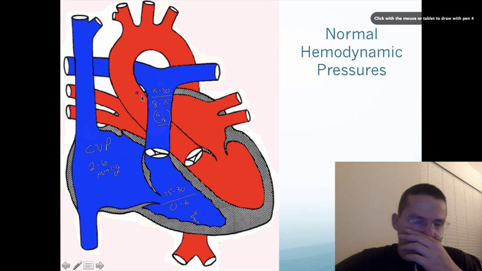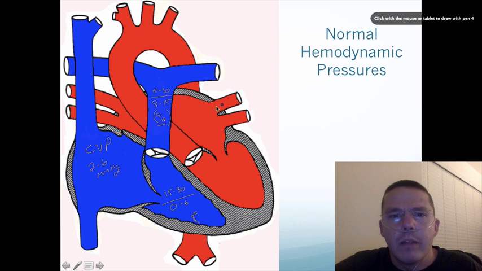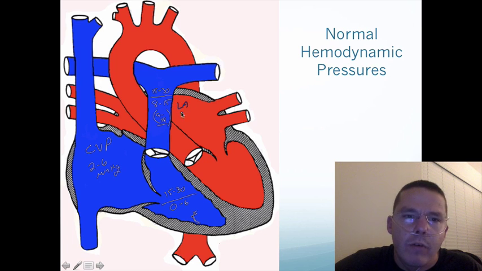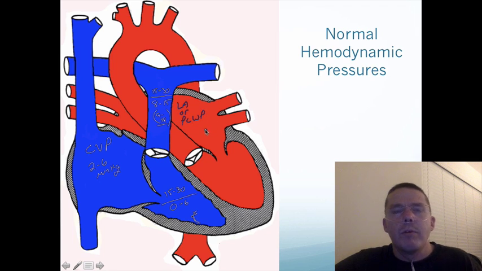Then it comes back to the heart via the 4 pulmonary veins, 1, 2, 3, 4, into the left atrium, and we measure either the left atrial pressure or the pulmonary capillary wedge pressure, which are both the same thing.